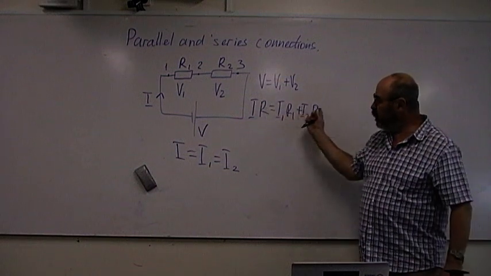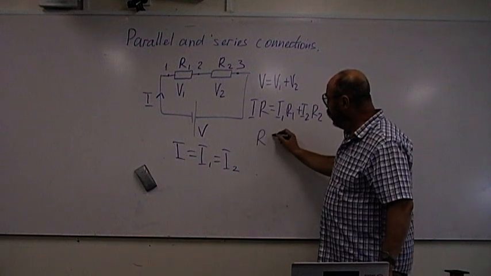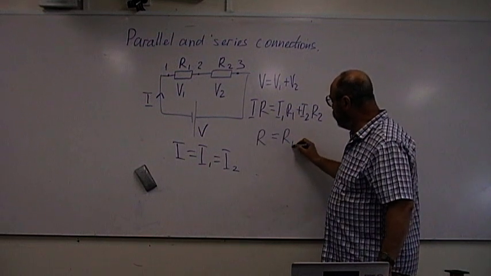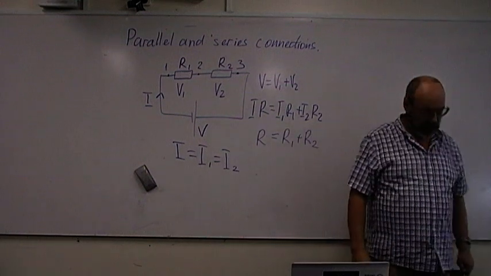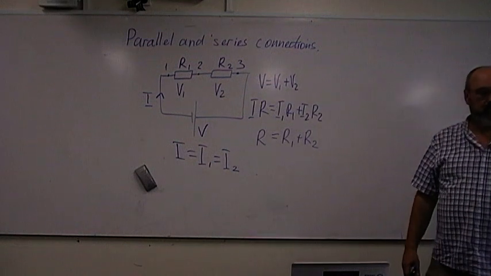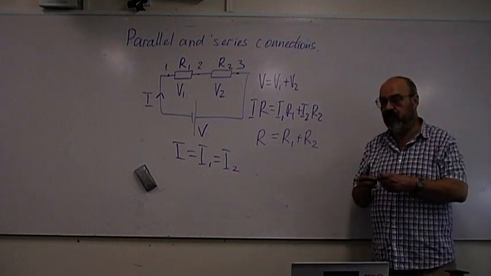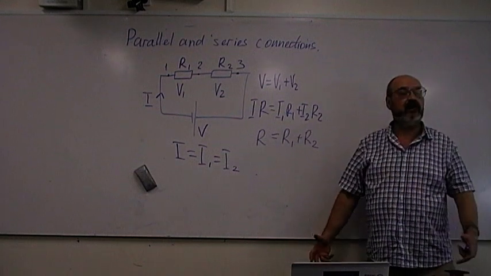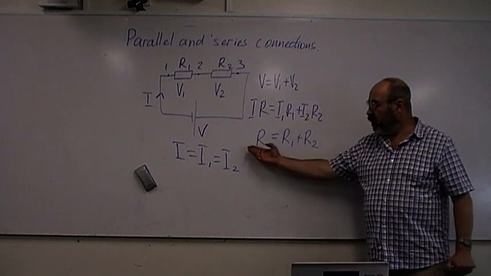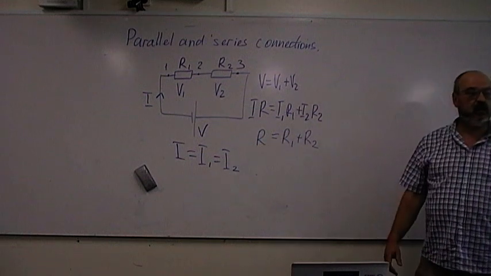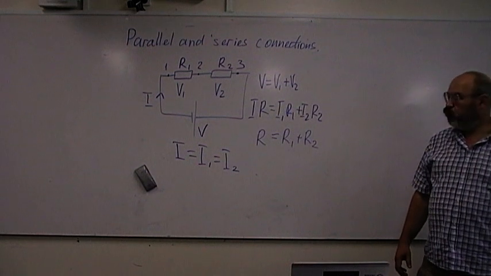So we can cancel it out, and we'll have that total or equivalent resistance will be the sum of all resistors. And that will be the case not only for 2 resistors, but if we have 3, 4, 5, 50. If they are all connected in series, total resistance will be the sum of the resistances of each resistor.